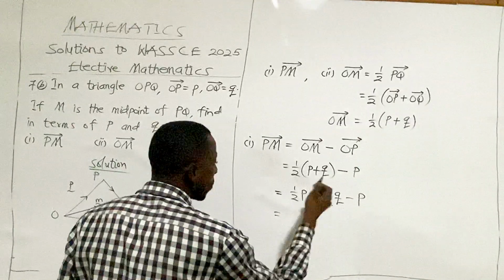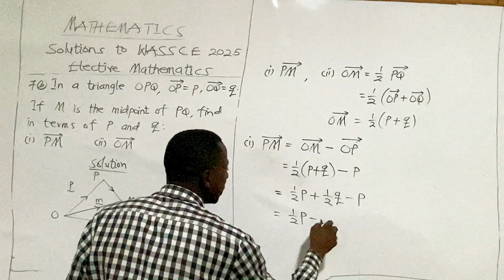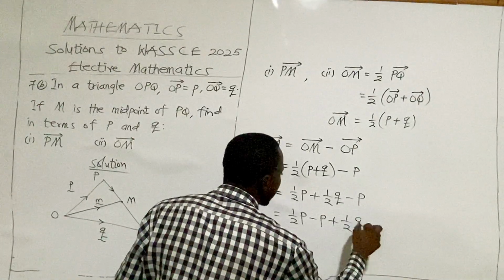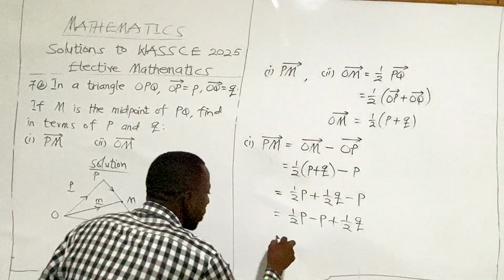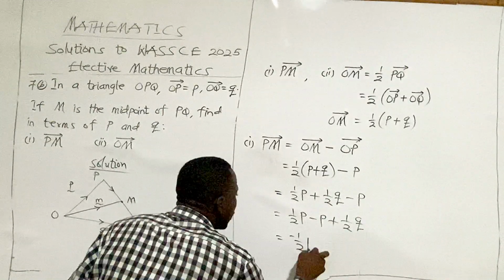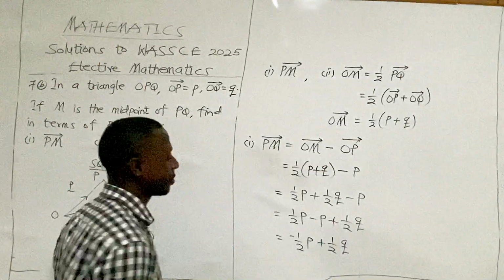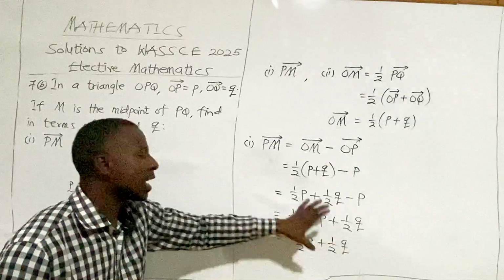Now we are going to group like terms: half p minus p plus half q. Half minus 1, we are getting negative half p plus half q. From here, we can factor the half out.